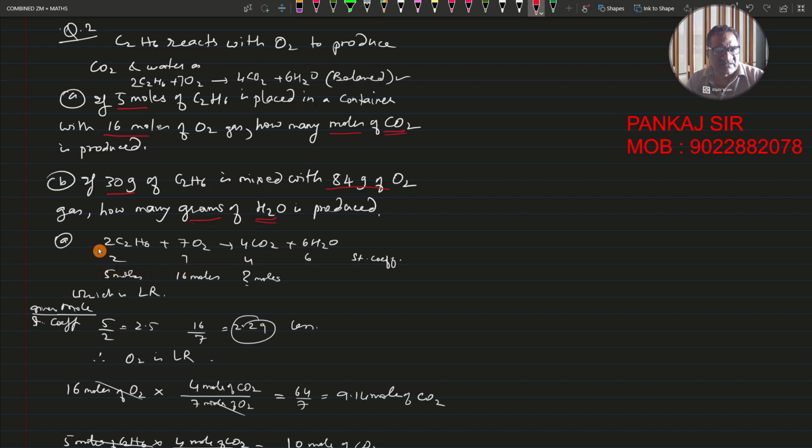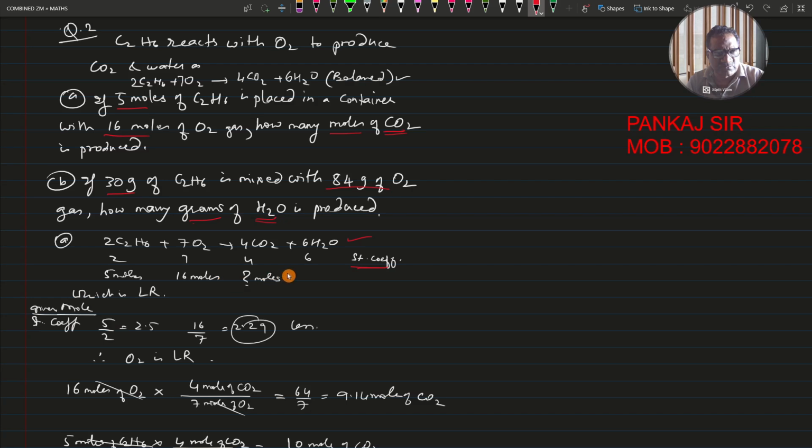First of all, the balanced equation we have to see, and it is given here: 2C2H6 plus 7O2 will give you 4CO2 plus 6H2O. The stoichiometric coefficients will be, for ethane 2, for oxygen 7, for carbon dioxide 4, and for water 6.